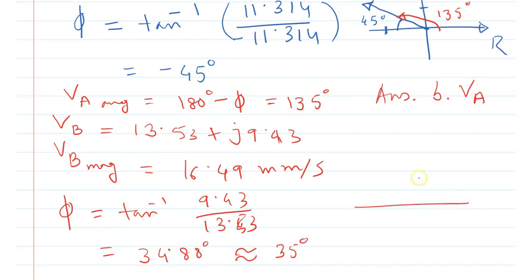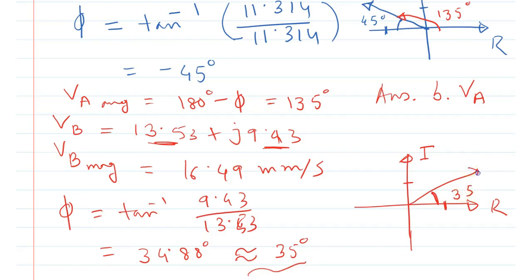Now let's again draw a tiny diagram, where the x-axis represents the real number and the y-axis represents the imaginary number. When we look at our complex number for VB, we found that both the imaginary and real parts are positive, so it should be somewhere here and here. The angle we calculated is this angle, and this is the vector VB.